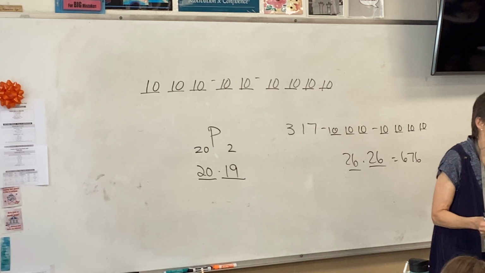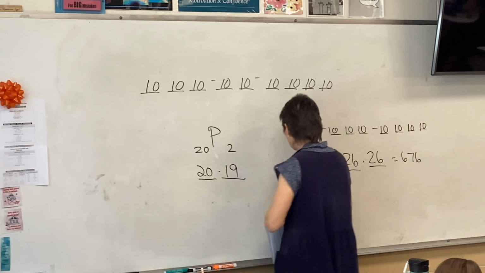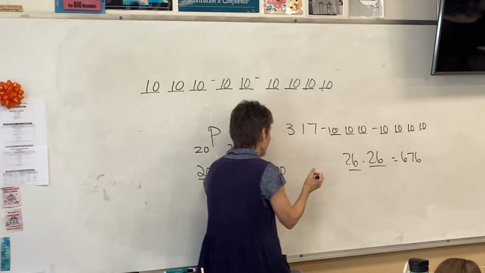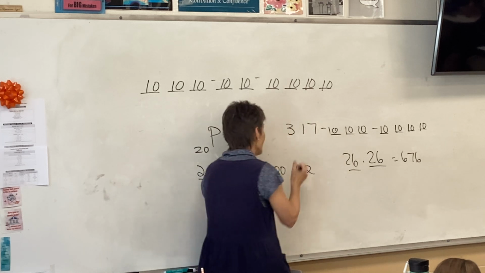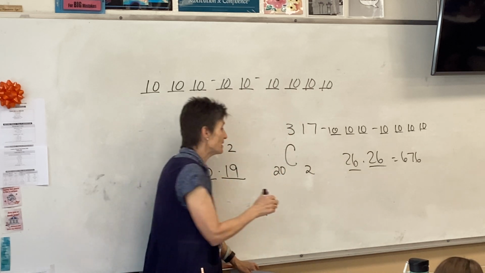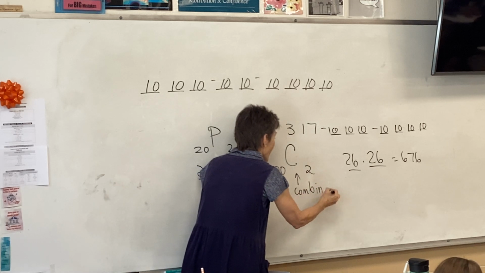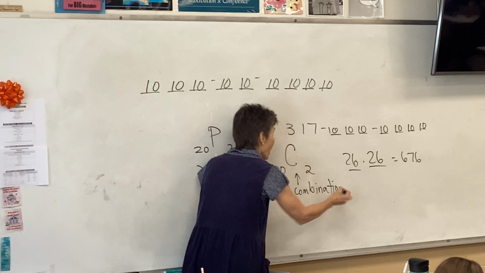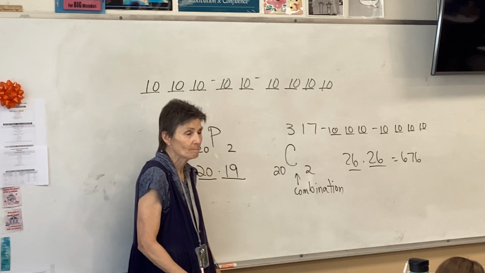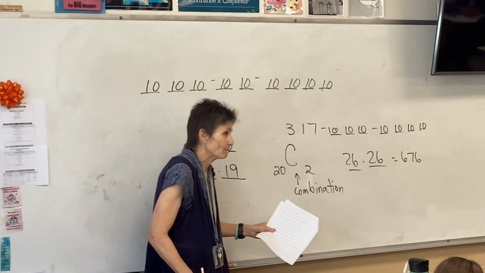In fact, this is a whole new concept. I have 20 people, I'm picking two, and order doesn't matter. This is called a combination. I am picking a combination of two people, and the order I pick them doesn't matter.